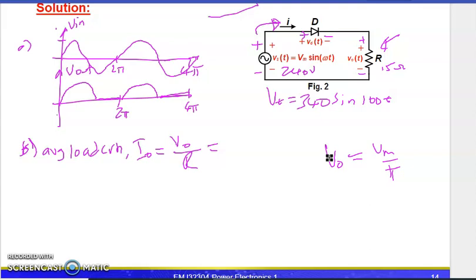So we just include here I naught equal to Vm over pi divided by R.